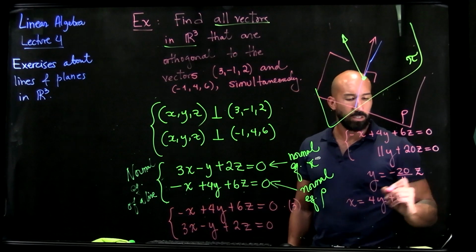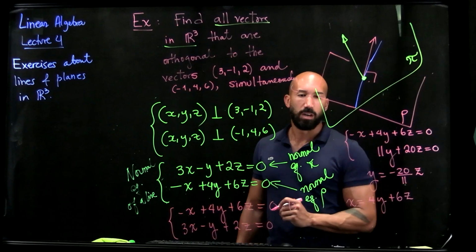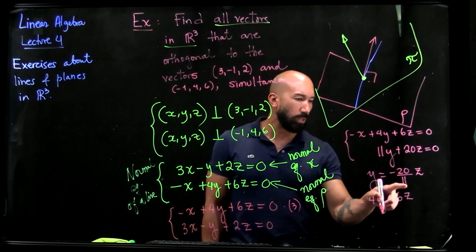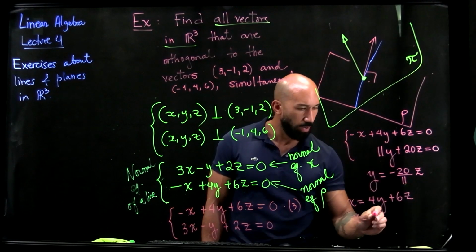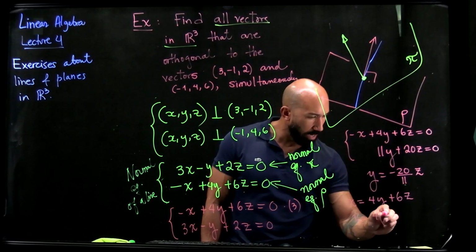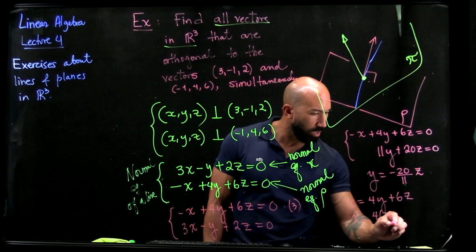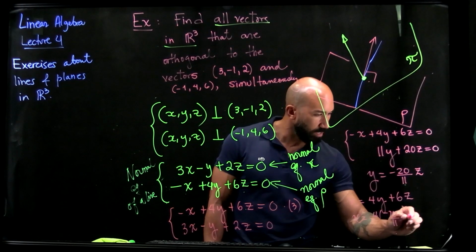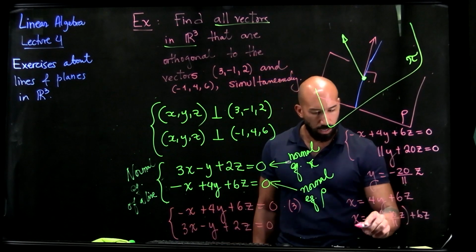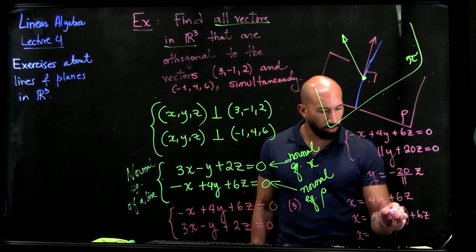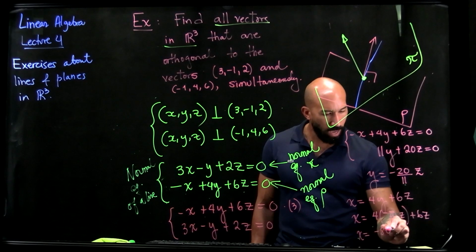plus 6z, but y is minus 20 over 11 times z, so I want to put it here. 4 times minus 20 over 11 z plus 6z, which is giving us x is equal to minus 80.